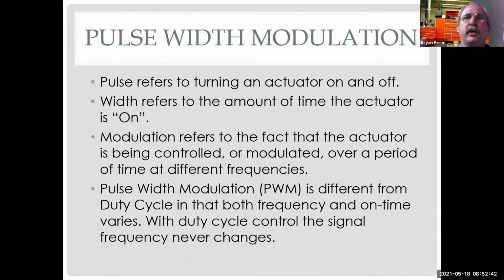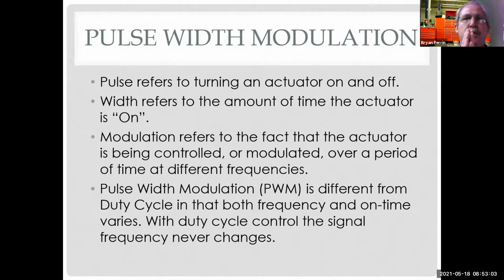So fuel injectors, for example, are pulse width modulated, because I need to change how much fuel I'm putting in the engine, whether I'm at idle or whether my foot is to the floor and I'm trying to get on the freeway. Different amount of fuel, so I need to hold the injector open longer to allow different amounts of fuel in.